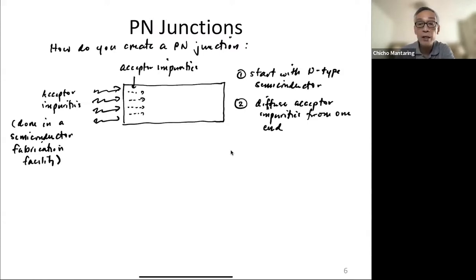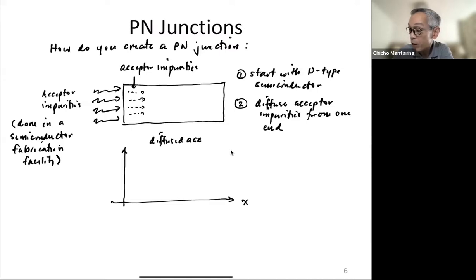And after a while, you expect there will be now a distribution of acceptor impurities where the left side will have a higher concentration of acceptor impurities than the right side. So if you take a look at your diffused, let's say this is a graph versus X. This is your diffused acceptor concentration.